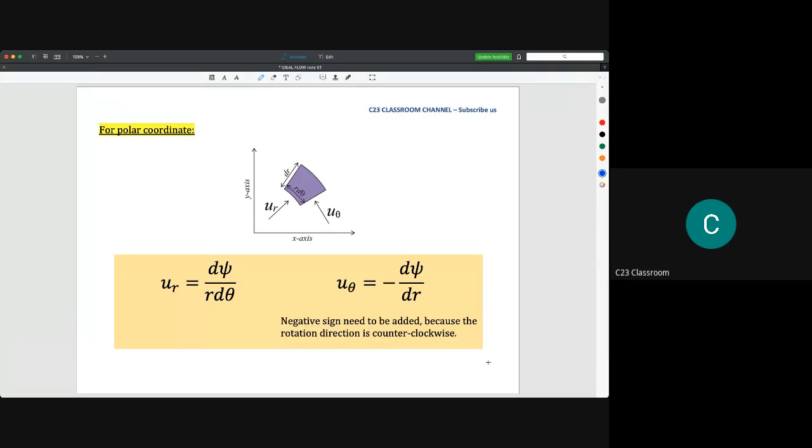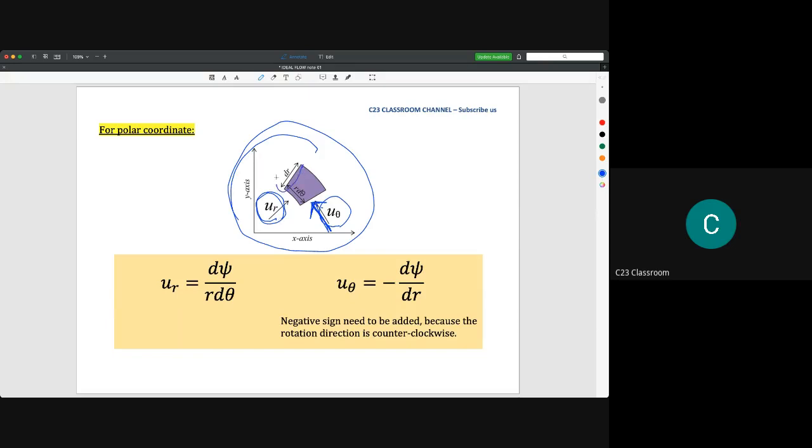So I hope you could draw this diagram. We already showed you this diagram a few times. And then this is the velocity, parallel with the theta axis, so we write it as u theta, and this is ur, the velocity on the radial direction.